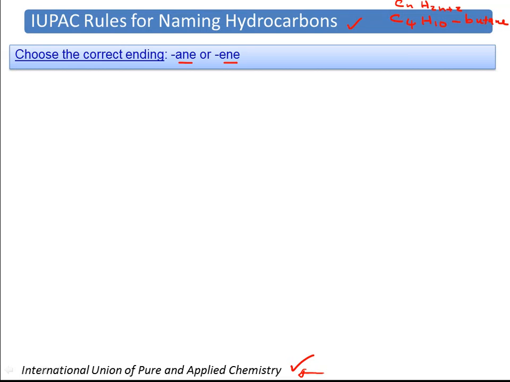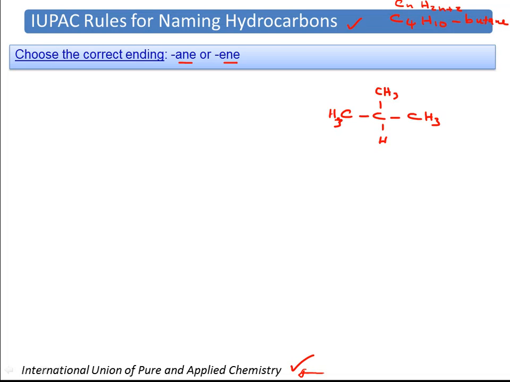It's possible for me to represent this C4H10 differently. Like I can have it like this here, and then I can have the hydrogen atoms around it like that, and I've got hydrogen and CH3 like that, right?